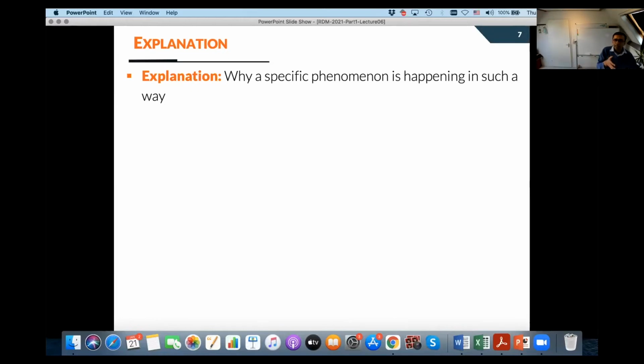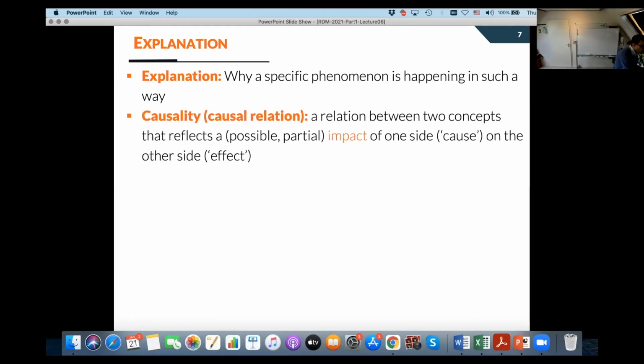Why the monkey behaves like that. Why the evolution of the platform has a U shape, not an exponential shape or any other thing. Why there is a big difference between gender groups in terms of the adoption of certain things. So this is all about why.